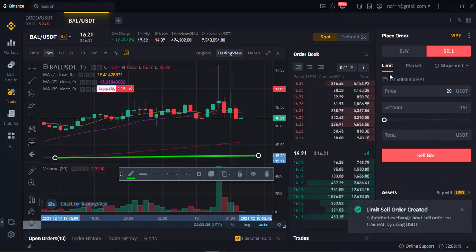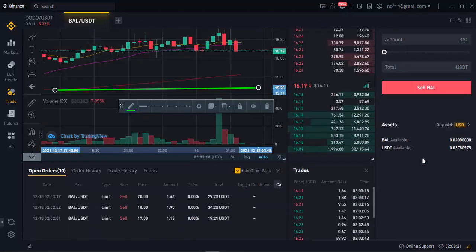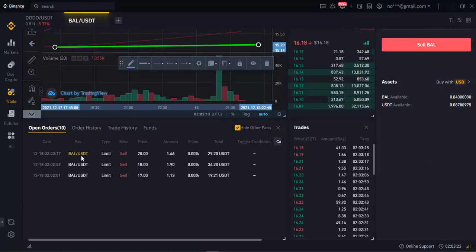That's limit. In limit, you have to put the price, the amount, and then it gives you the total. So when you calculate this, you'll be rest assured that it has passed whatever we used in buying it. We used 73 USDT.